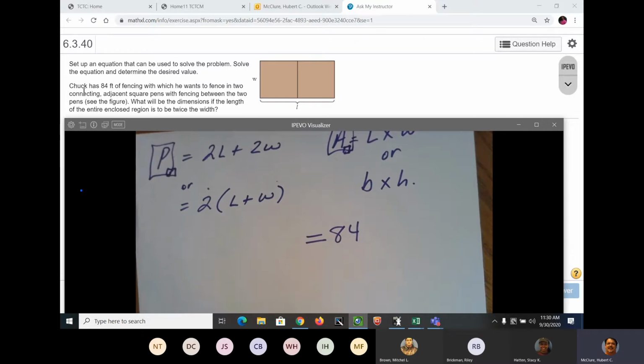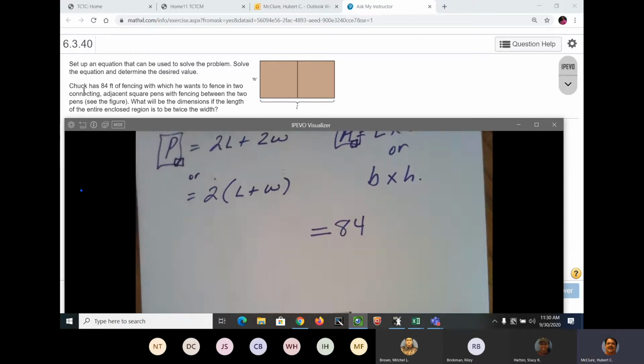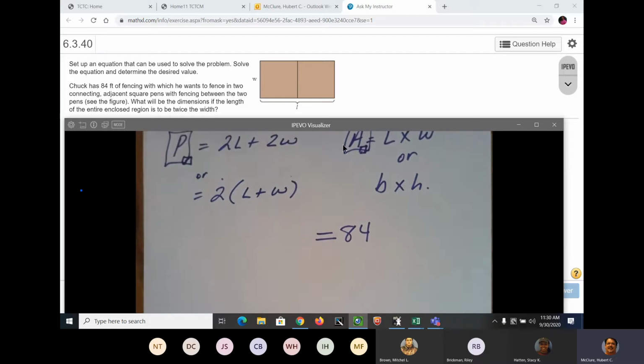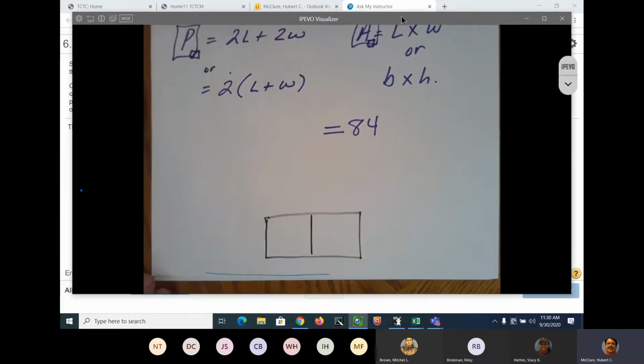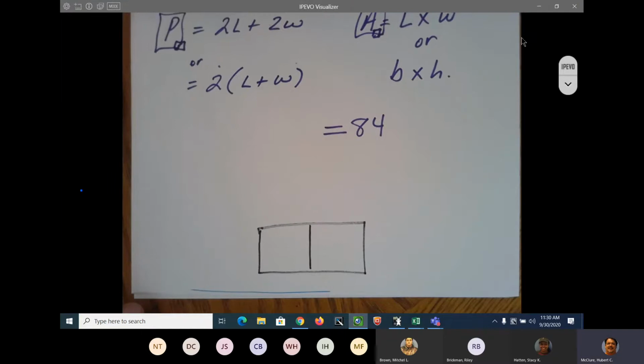I'll show you in just a second. Okay, there's my picture. Let me bring it up. There we go. Okay, I'm going to take my highlighter. Since I don't use the blue very much, I'm going to use the blue highlighter.